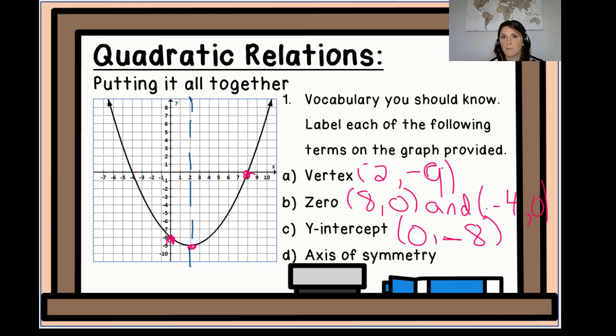So if you remember from back in grade 9, we talked about horizontal and vertical lines. So lines that are vertical, so going up and down, they have an equation of x equals some number, and horizontal lines have an equation of y equals some number. So our axis of symmetry actually has the equation of x equals some number. And in this case, our axis of symmetry is x equals 2.